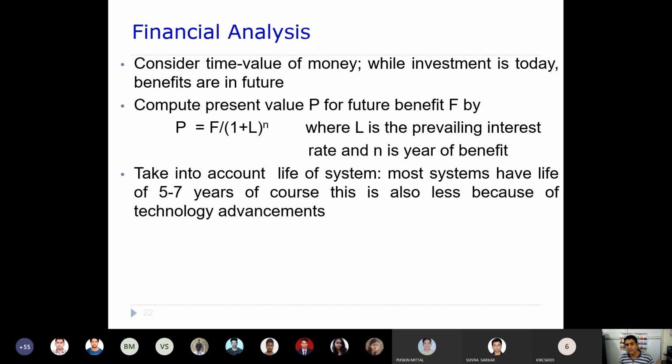This is based upon an equation like P is equal to F divided by (1 plus L) to the power of N, where P is the present value, F is the future value or the future benefit, and L is the prevailing interest rate. That means what interest rate you are going to get, and after how many years the benefit will be seen, which can be represented through N, okay.